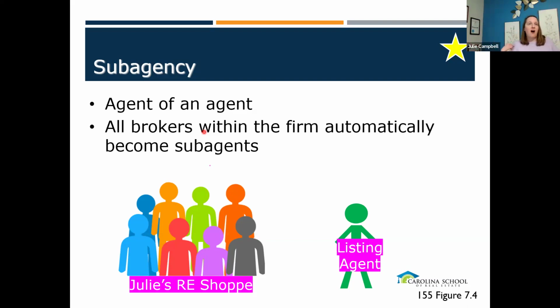Each firm has their own policy on whether or not Suzanne can take that listing when she goes to a different firm. Let's say my firm, no, she can't. So when Suzanne leaves, I'm going to reassign it to another one of you because you are all agents of mine. You're an agent of the firm. That's one form of subagency.